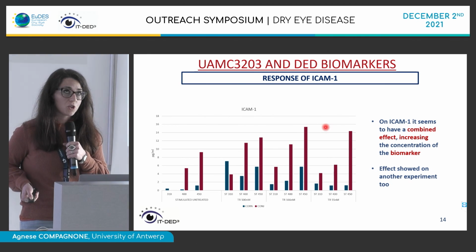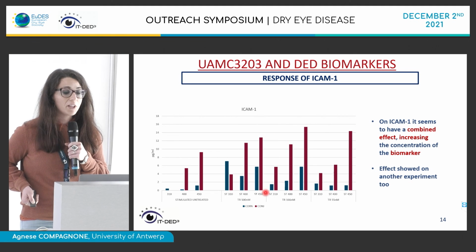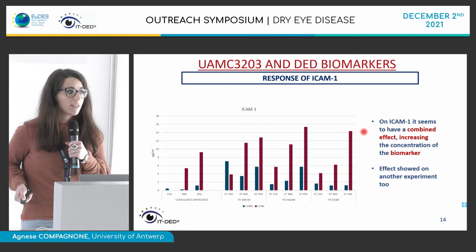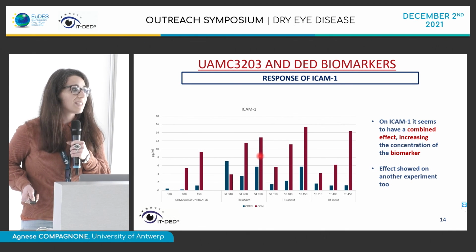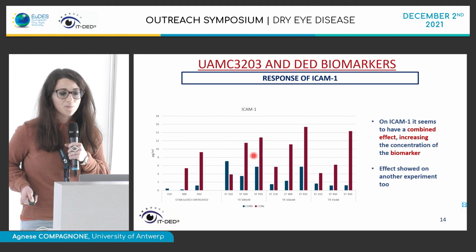Then we go to the immunological panel, and we can see that, especially with the 450 hyperosmolar medium, which showed problems with viability, we have an increase in ICAM1, meaning that the reduced viability is affecting the ICAM1 biomarker.